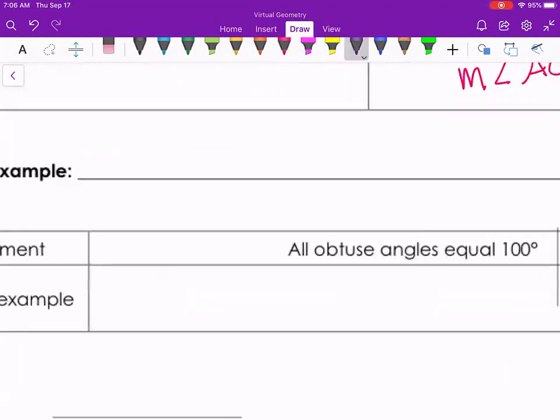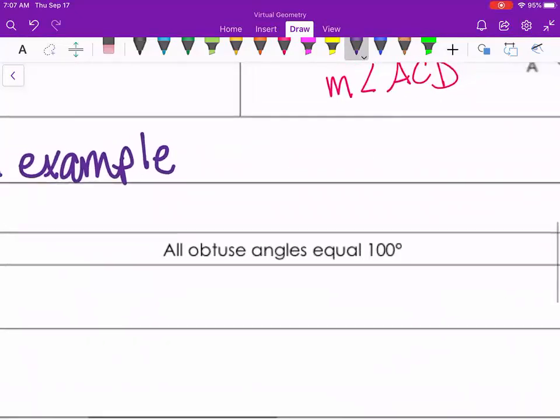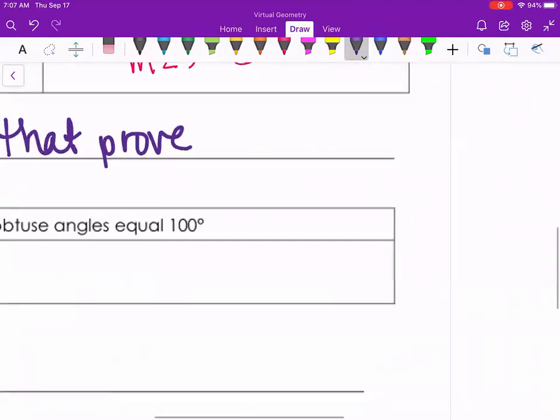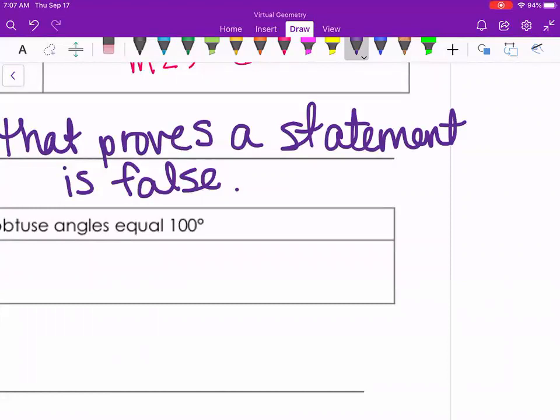A counterexample is an example. And again, this could be a picture, it could be an explanation, could be working out your math problem, any kind of example you can give that proves a statement or conjecture, but it proves that it is false.